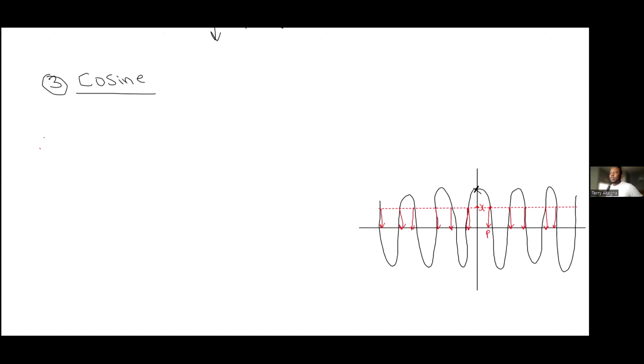Now, if x, for instance, is a negative value, so let's assume x is negative somewhere here, all right? Now, the same thing you're going to do is that you would then draw a straight line from x here, and anywhere it touches the graph, these are also all the possible solutions you can get for that.